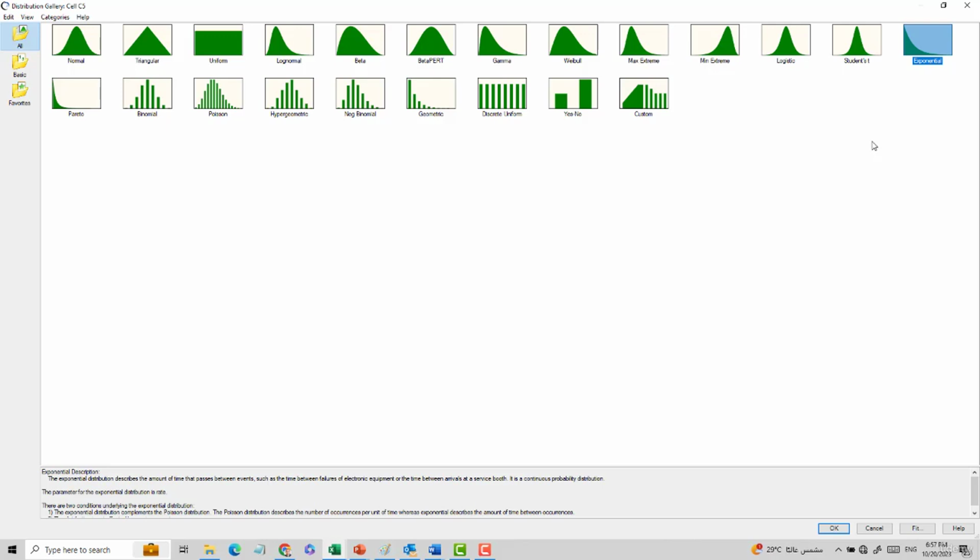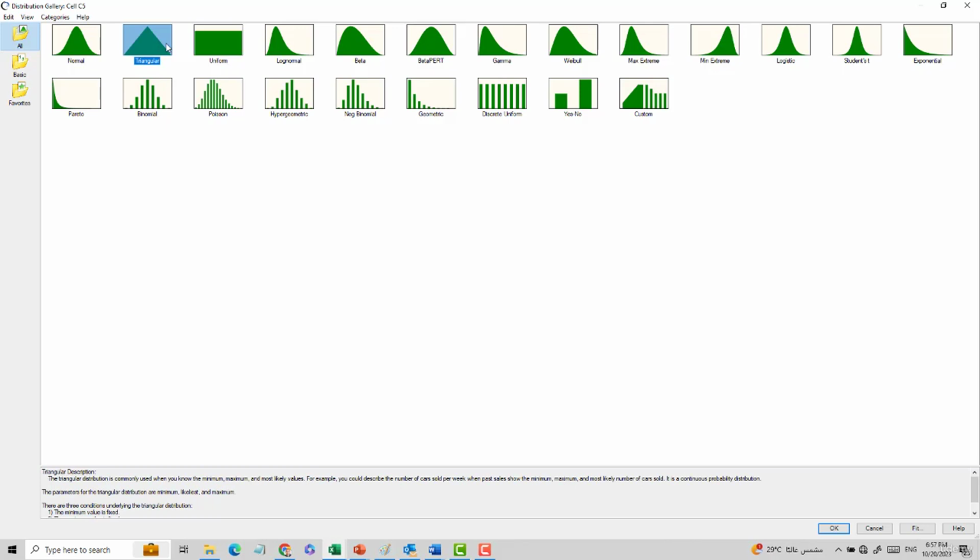So variable phenomena or variable natures will be defined by these distributions. The other group is called uncertainty, like triangle and uniform. This is the main item that we have.